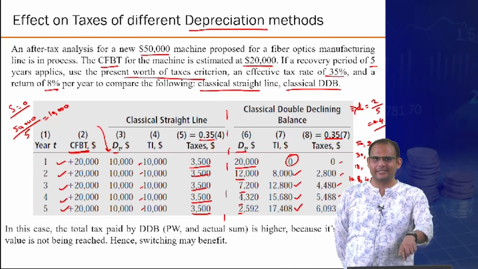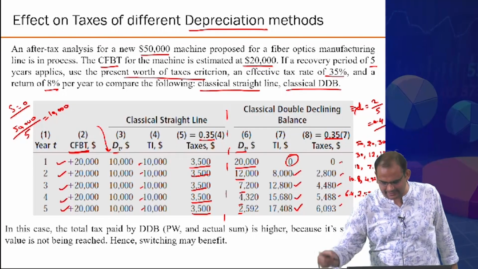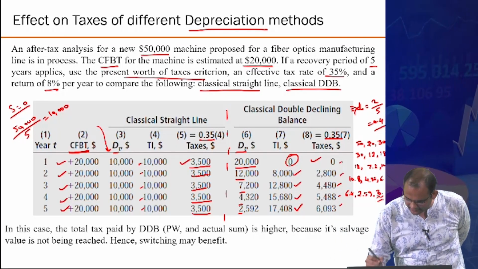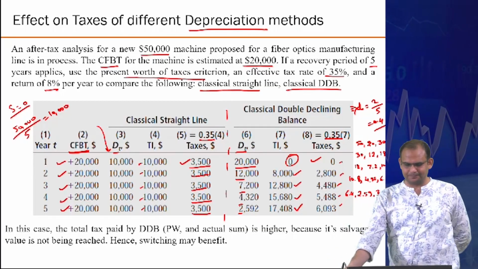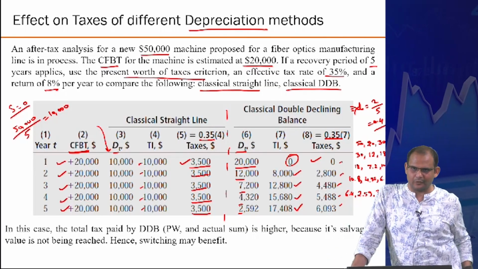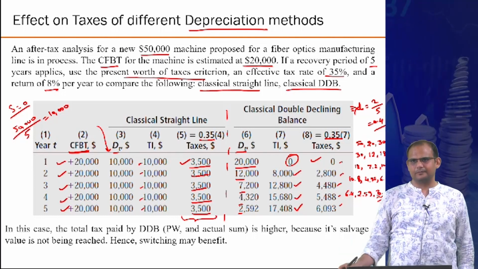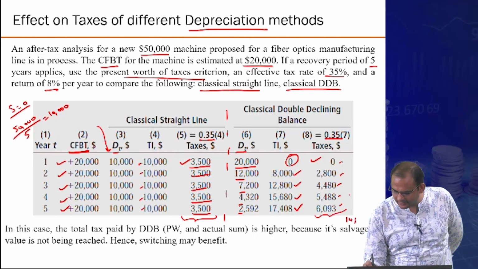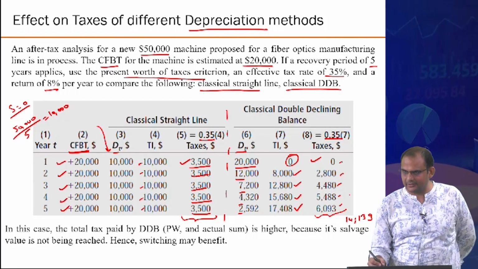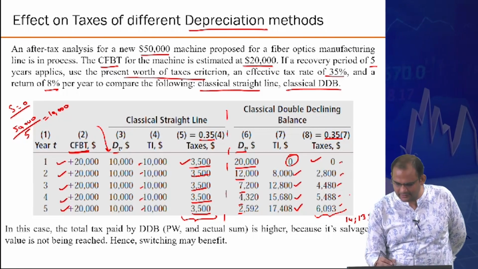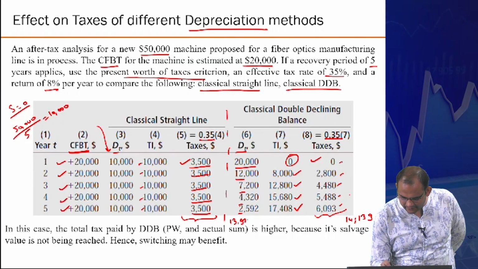Why? Can you take the present worth of this tax series and see which is coming better? What is the present worth of taxes in this case? 14,139. And for this one, straight line? 13,975.